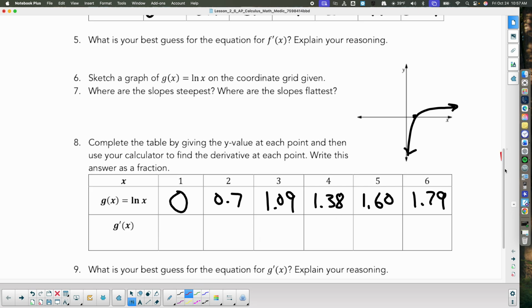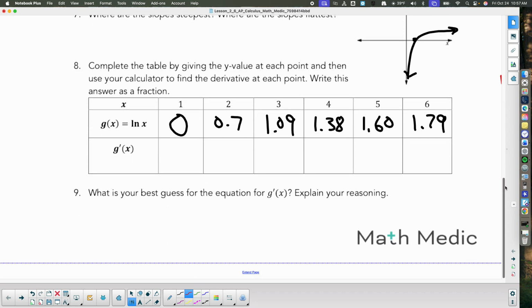Okay, so, again, I could go through and try to measure the slopes everywhere. Here's what you're going to find for the slopes.